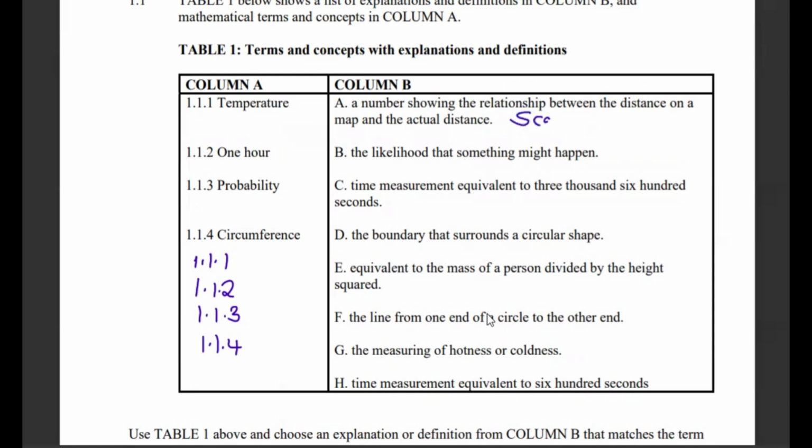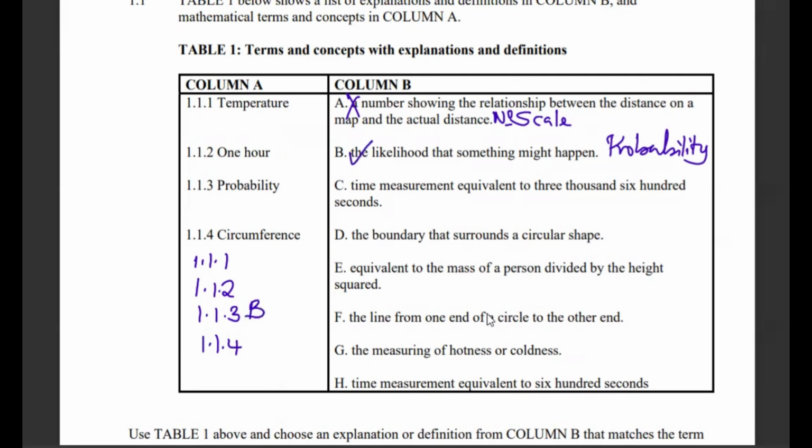This could have been a scale, a number scale. Do you have any number scale? No. So this is gone. The likelihood that something might happen. This is probability. You have anything to do with probability? Yes. So 1.1.3, it's supposed to be B.